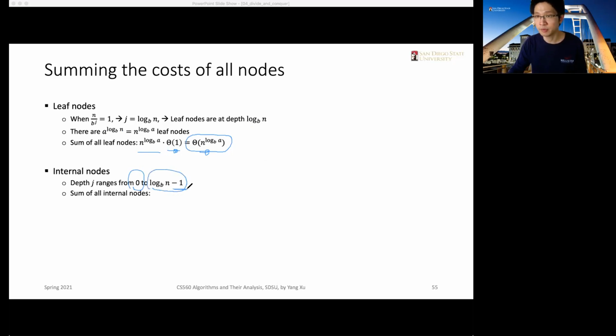We have a minus 1 because we need to stop one level above the leaf nodes, one level above the bottom level. We just need to sum up all the levels, and each level is this quantity. So the summation ranges from 0 to one level above the bottom level.